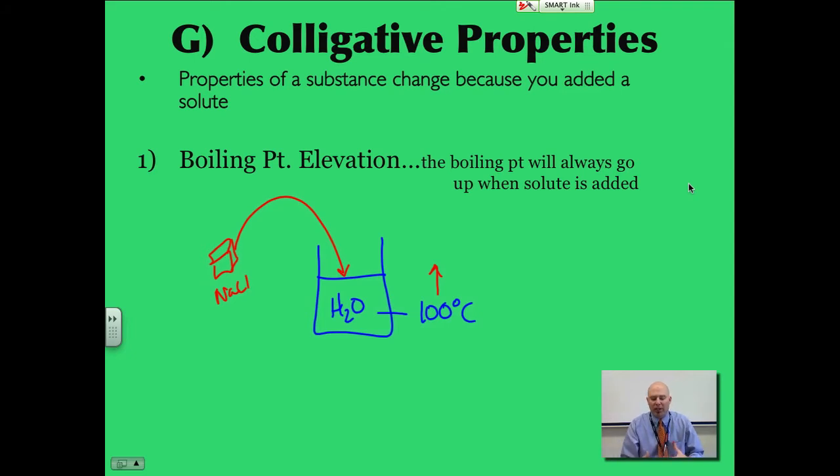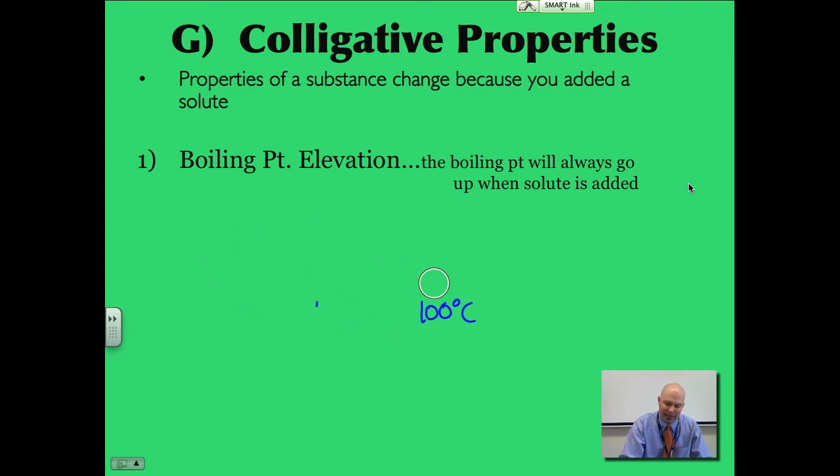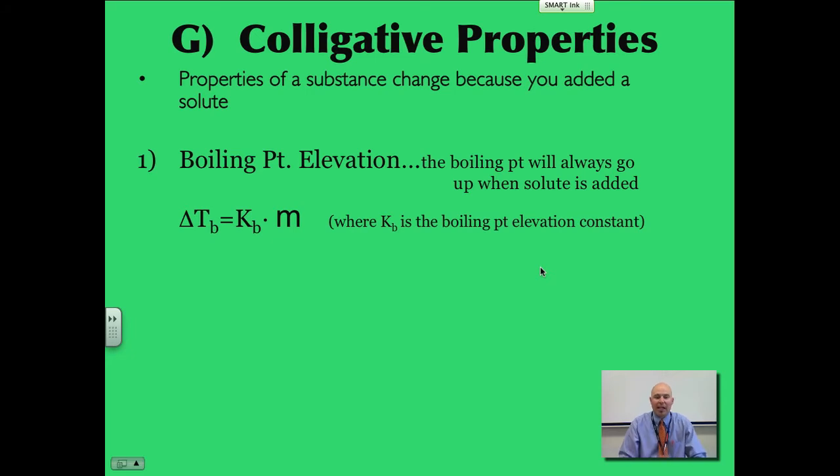And so boiling point elevation, there's an actual formula that you can calculate: the change in temperature of the boiling, so that would be that increase right here, is equal to the Kb, and the Kb is the boiling point elevation constant.